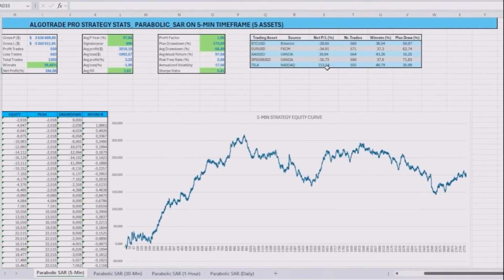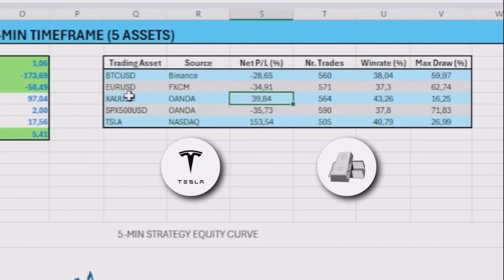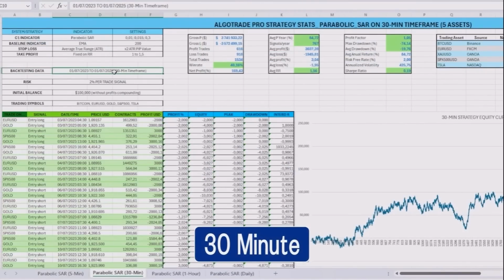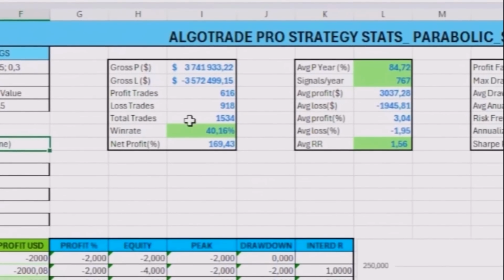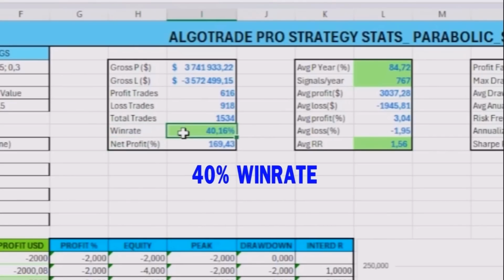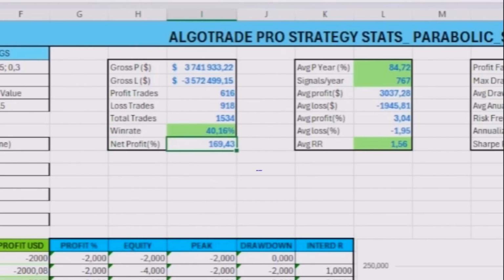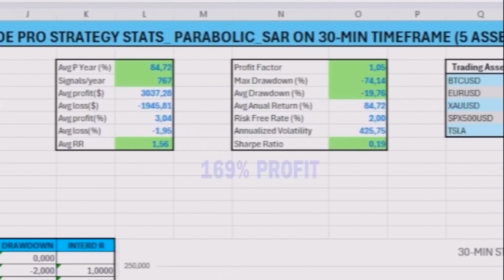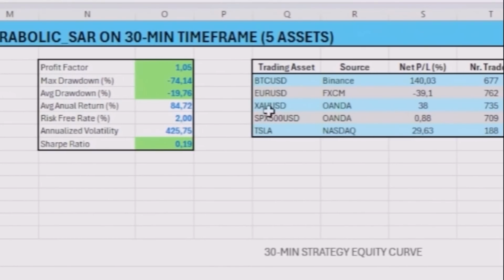Digging deeper, we saw that Tesla and gold performed quite well, but the other 3 assets had negative results. Moving on to the 30 minutes time frame, the picture changes completely. After about 1,500 trades, we saw a more consistent performance. Win rate still above 40%, total net profit around 170% and a much smaller drawdown.